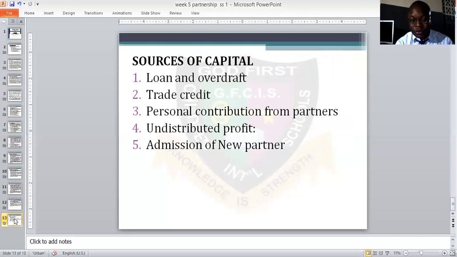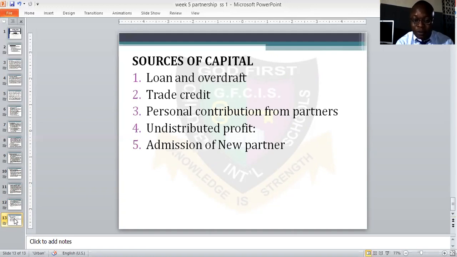So it's possible they get trade credits from the creditors or from the outsiders. Then personal contribution from partners, that is capital. The personal capital contributed from the partners will serve as capital to the partnership business.